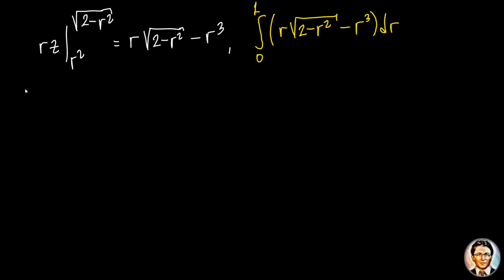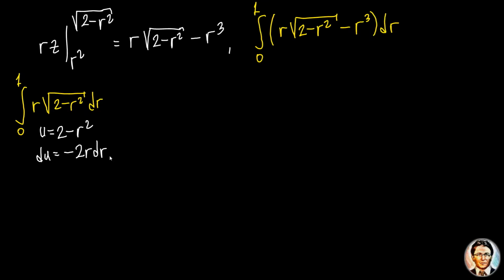The first integral is from 0 to 1 of r times square root of 2 minus r squared dr, and I will say u is equal to 2 minus r squared. Then du is negative 2r dr. When r is 0, u is 2.